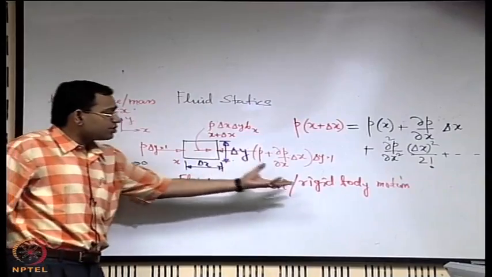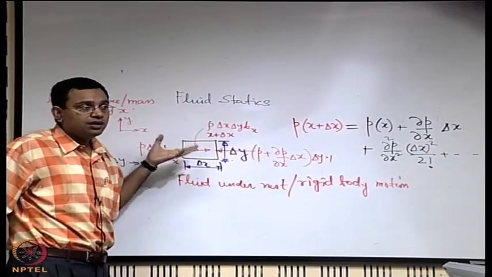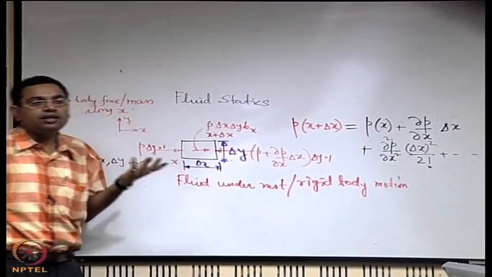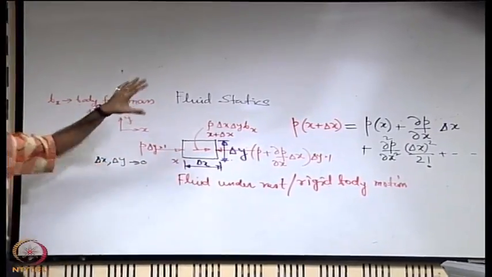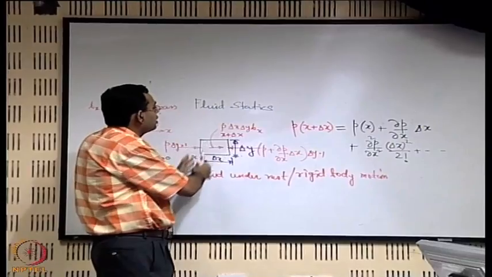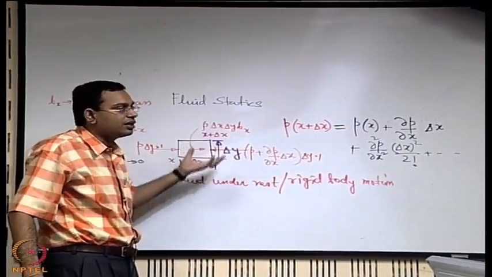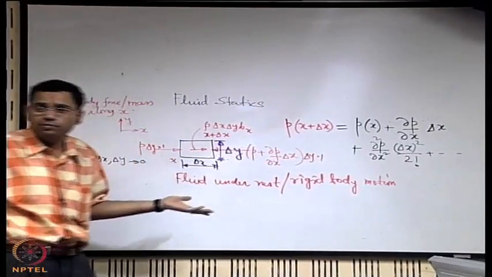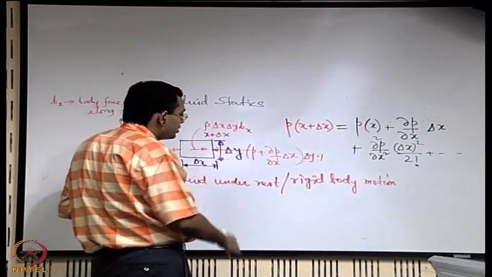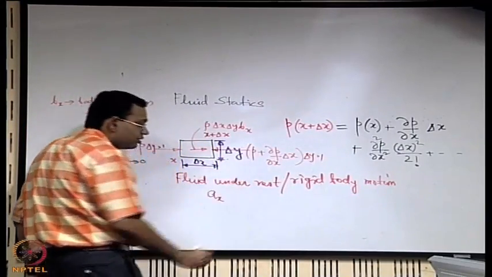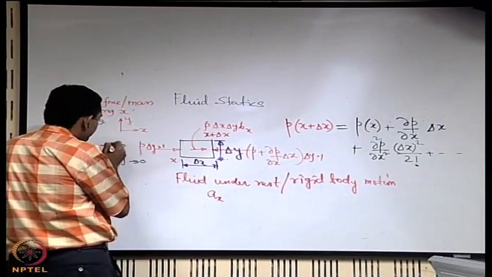So, broadly this is also studied under the category of fluid statics, not because it is a static condition, but in terms of the characteristic of the fluid, the deformable nature is not highlighted here, and that is why we may use broadly similar concepts, and we will learn these concepts together under the same umbrella, because they are very related. In one case it may have an acceleration, in the other case it may not, otherwise it is very similar. So, let us say that it is under rigid body motion, and therefore let us say it has some acceleration along x, say ax is the acceleration which is there along x.